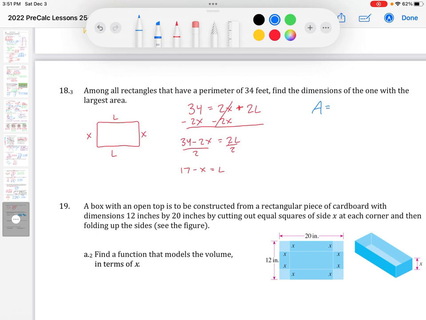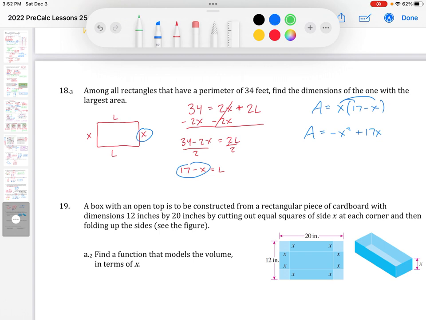So now if we think of area as your length times your width, well, for length I'm going to use this, and for width I'm going to use X. So I have X times 17 minus X. If we distribute and rearrange this, we'll get the area is negative X squared plus 17X.